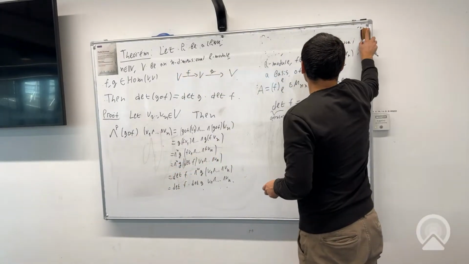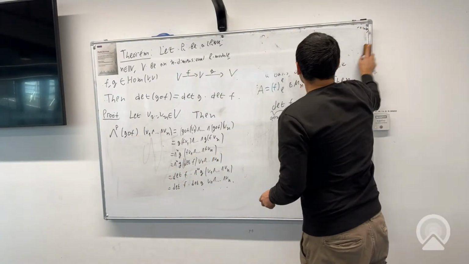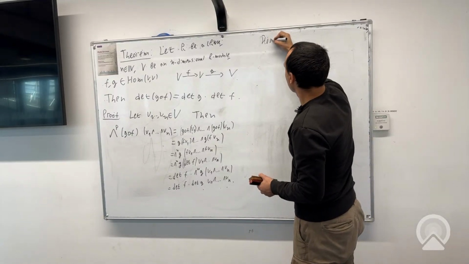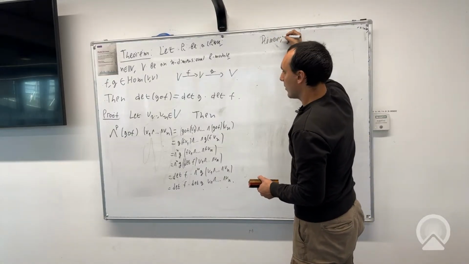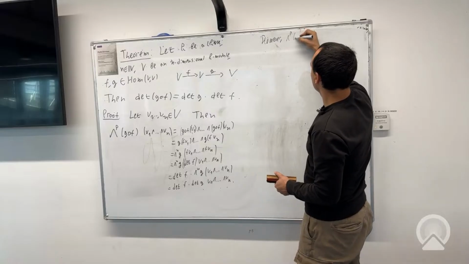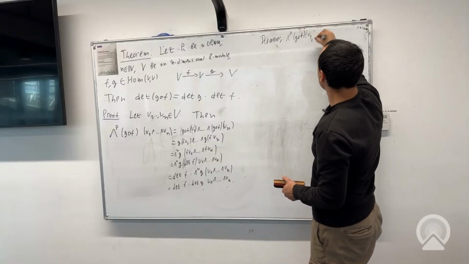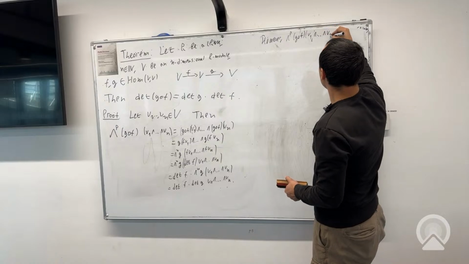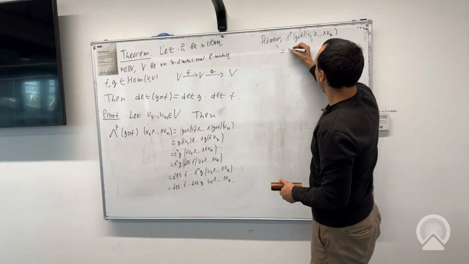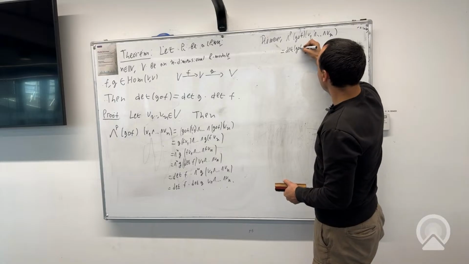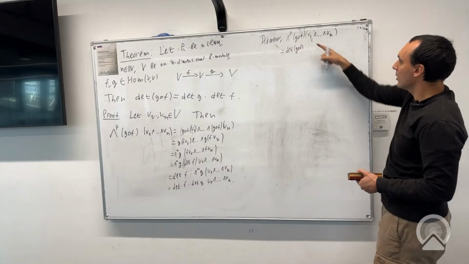And now I'll expand this as well. However, lambda n of G composed with F of V1 to Vn is equal to the determinant of G composed with F, by the definition of determinant.